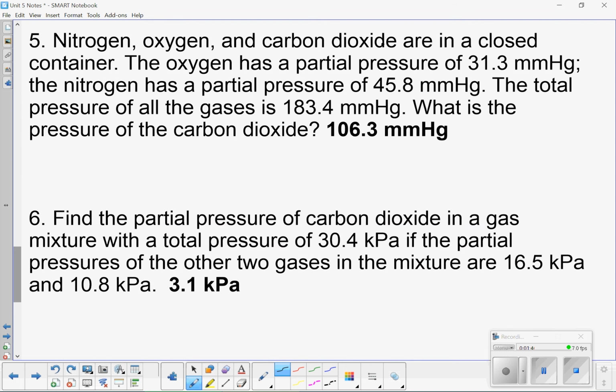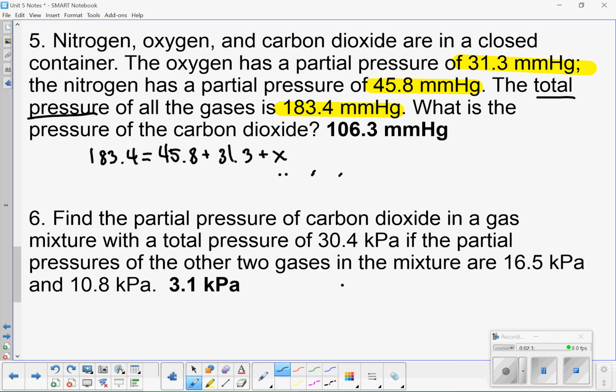Let's try number 5. For this one, find some numbers, highlight or circle. We've got a few more numbers this time. Here I see the total pressure, the big one that you added everything to find. So what numbers did I add up to get that one? I see 45.8, and I also see 31.3.